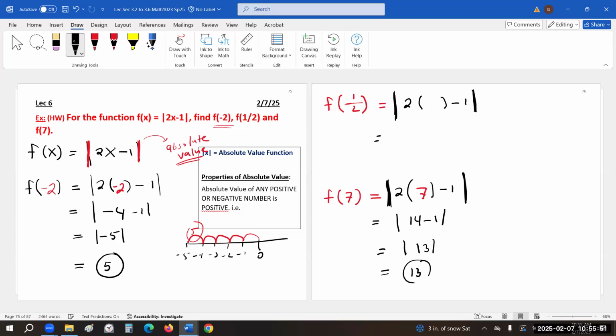Okay. So we have 2 times 1/2. So what is half of 2? And we have 1 minus 1. So our answer is 0. Perfect. So if you observe, it doesn't matter what number we have inside our absolute value machine, positive, 0, or negative, they always come out to be positive numbers.